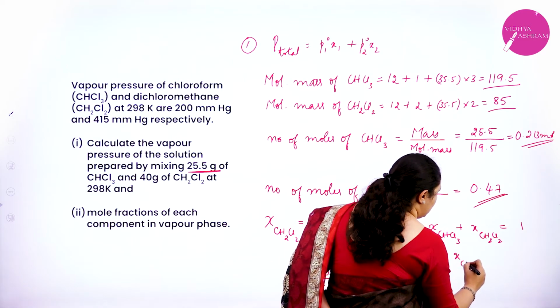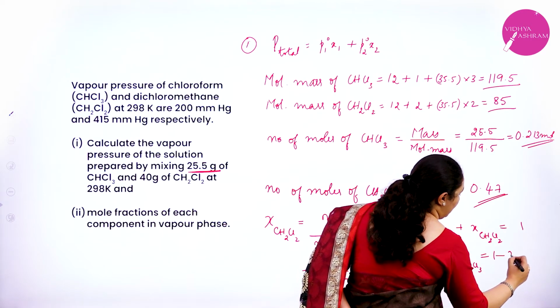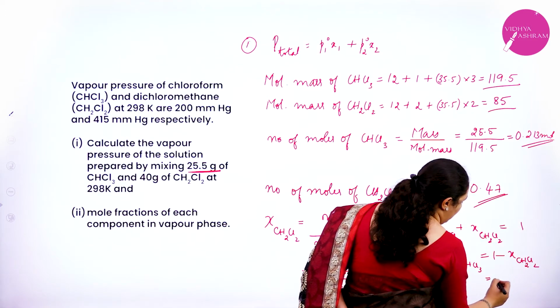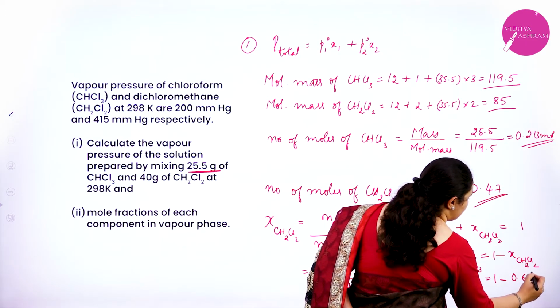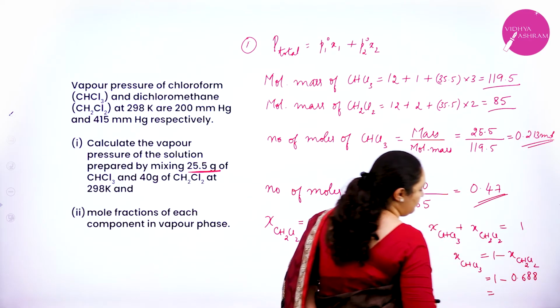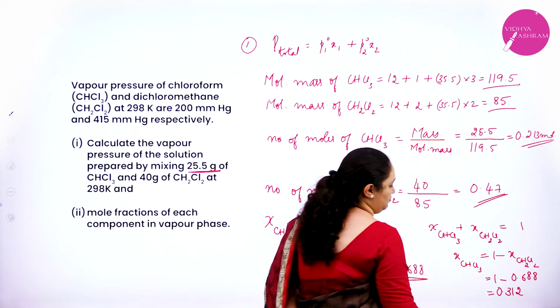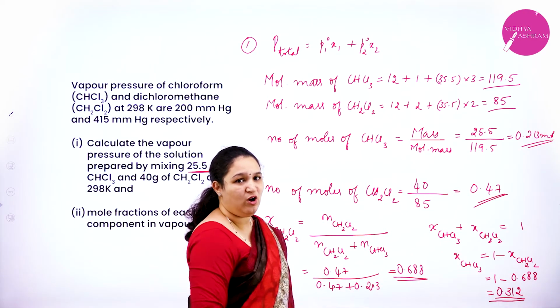Therefore, mole fraction of CHCl3, that is chloroform, is equal to 1 minus mole fraction of CH2Cl2, which is equal to 1 minus 0.688, which is equal to 0.312. So now I have got the mole fractions of both the components.